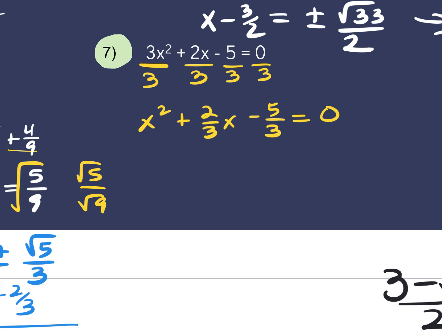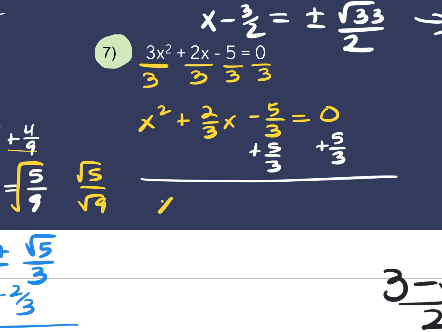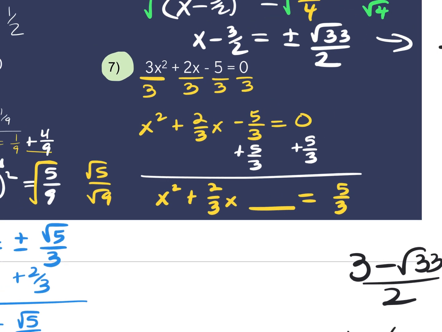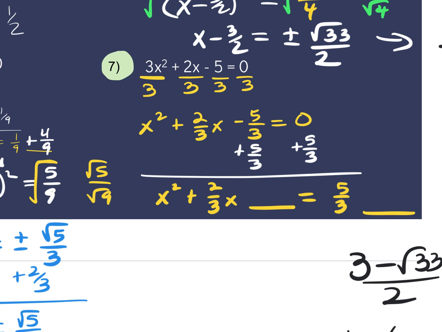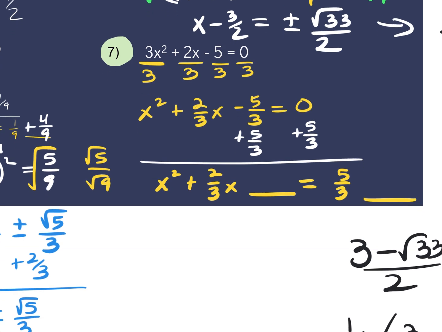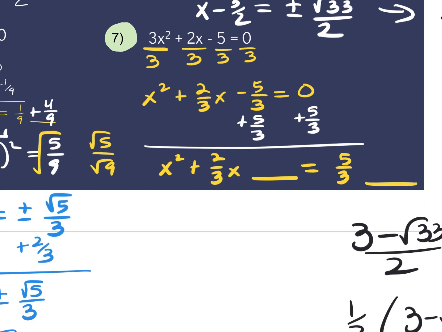My next step is to move the constant to the other side. So I'm going to move the 5/3. I'm going to make my little blank space here. So I have x squared plus 2/3 x blank space equals 5/3 and then a blank space. Remember, the next step is to take the b term.